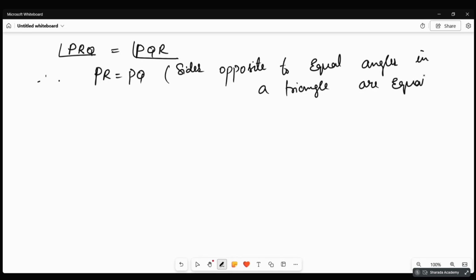In this triangle, these two angles Q and R are equal. Opposite to R, this is the opposite side, and for Q, this is the opposite side. If these two angles are equal, then the sides opposite to them are also equal. So PR is equal to PQ. That's all.